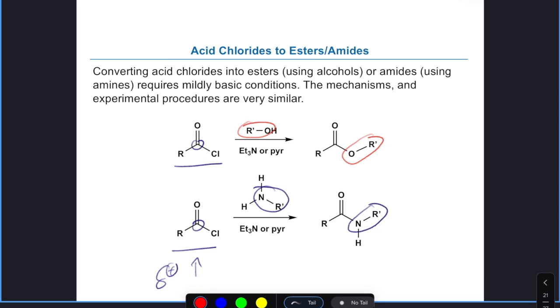NEt3 is triethylamine. Both of these structures, if you draw them out, pyridine looks like this. Triethylamine is ethyl, ethyl, ethyl.